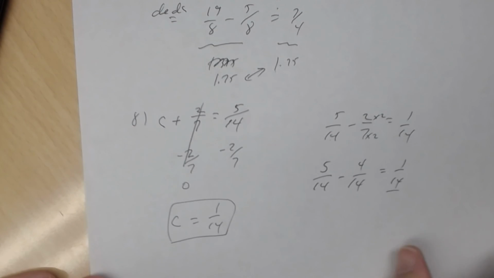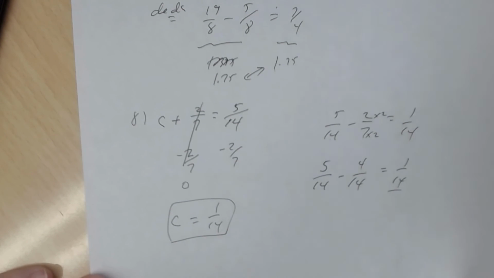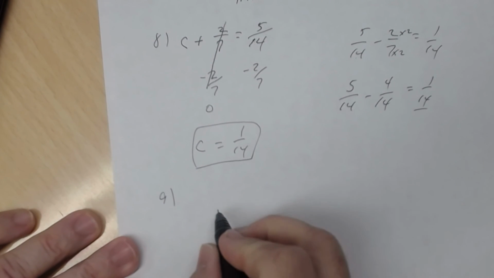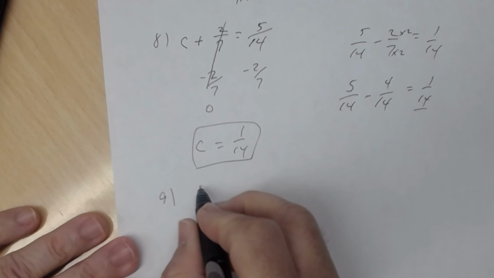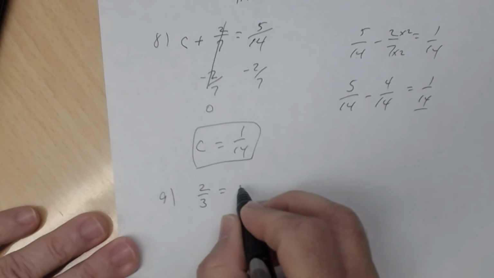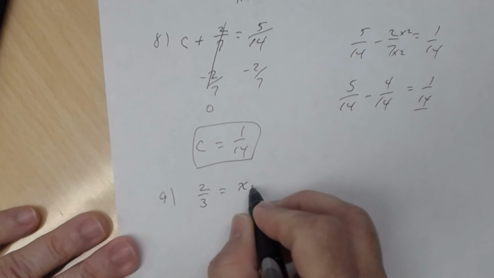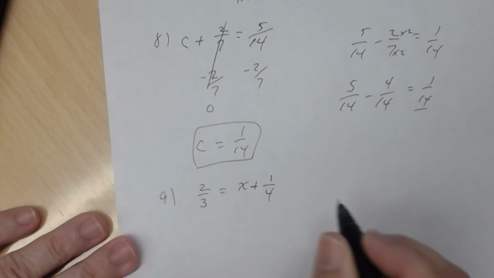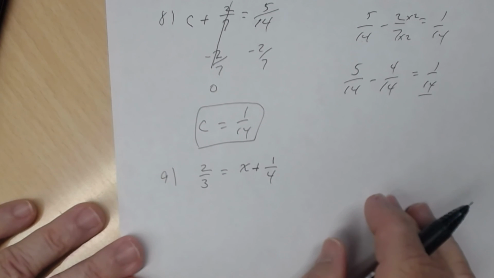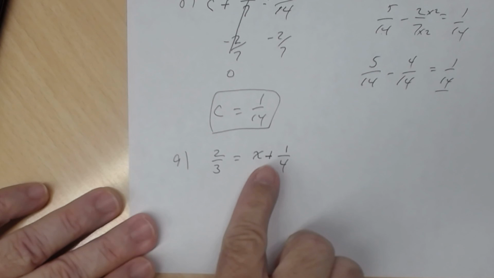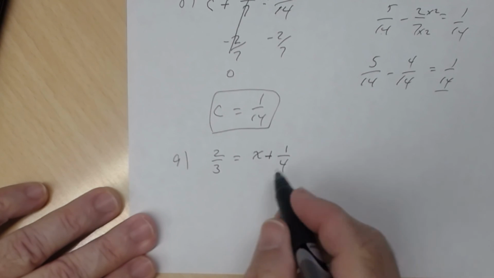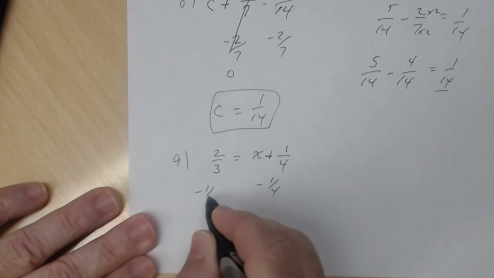All right, what if you had this? What if I had, let's say, 2/3 equals x plus, let's say, 1/4. 2/3 equals x plus 1/4. So right now I'm adding 1/4 to x. The opposite of adding 1/4 to x is to subtract 1/4. So I'm going to subtract 1/4.